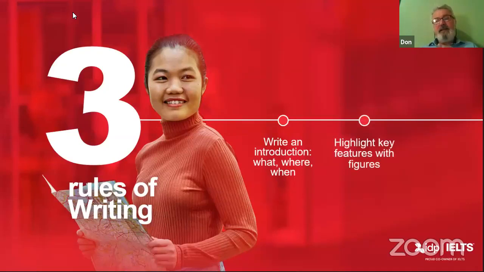It highlights the key features and it uses numbers, figures, to support that description. And finally, it writes an overview. This is what you must do in an academic task 1.